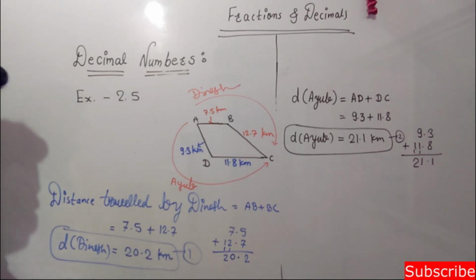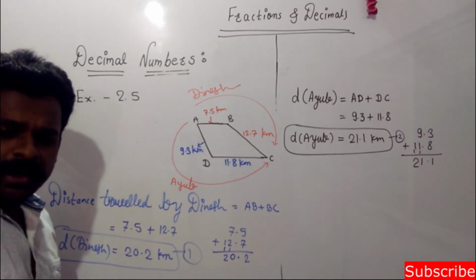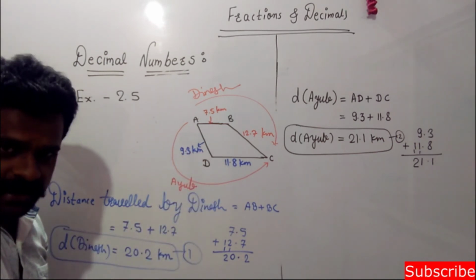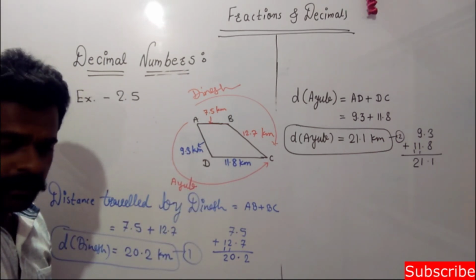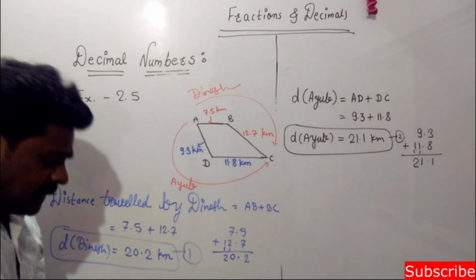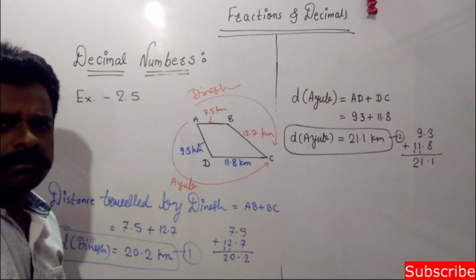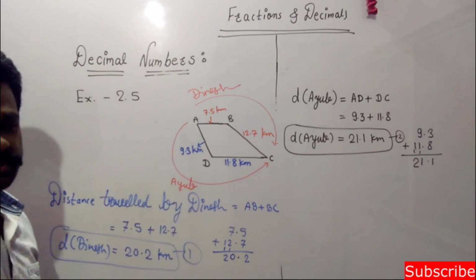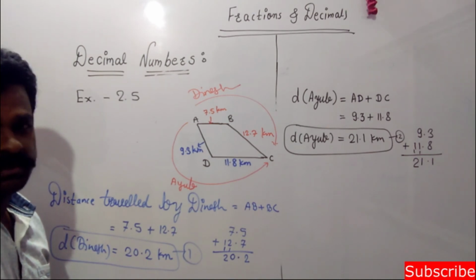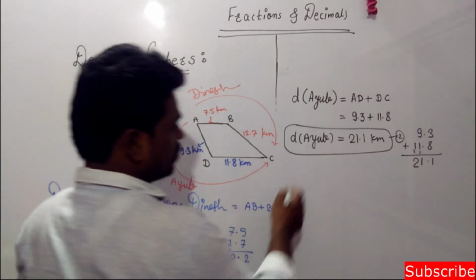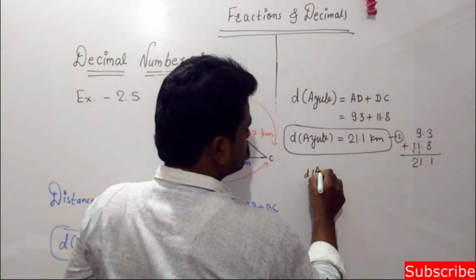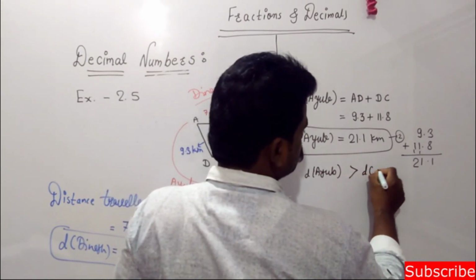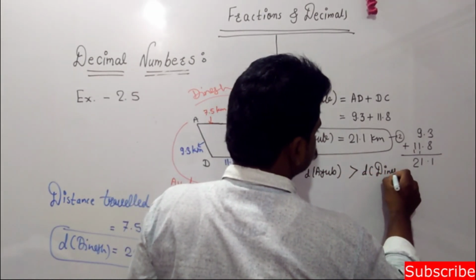Now from equation 1 and 2 you can easily notice who has traveled more distance, Dinesh or Ayub? Ayub has traveled more distance. And now the second question is by how much he has traveled more distance. So we need to find out the difference between them. The distance traveled by Ayub is more than the distance traveled by Dinesh.